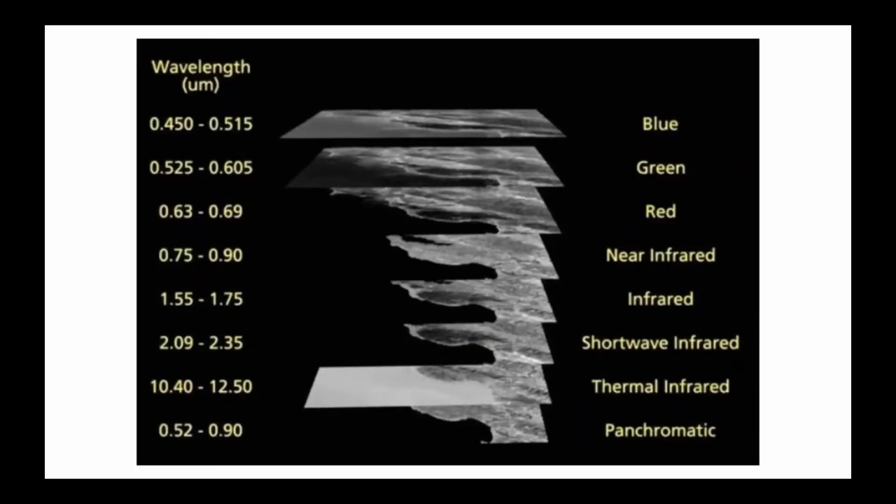So first off, a COG is just a GeoTIFF. It is just an image made up of pixels, and each of those pixels represent data about something. In the case of any GeoTIFF, it's about somewhere on the planet.